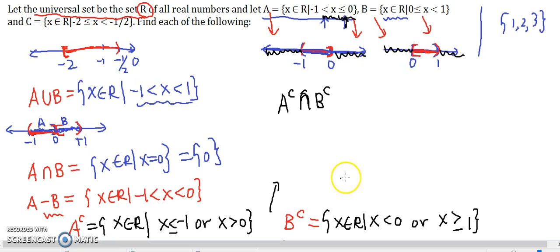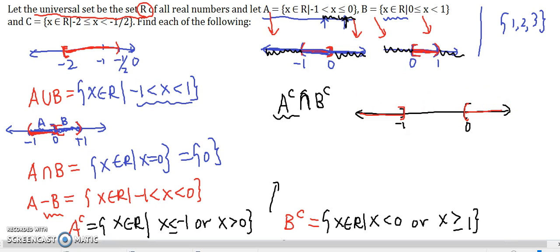Drawing a number line would help us to do the problem. So what is the complement of A? It's the numbers less than or equal to -1, or the numbers greater than 0, not including 0. So that's all of these numbers here, these and these.